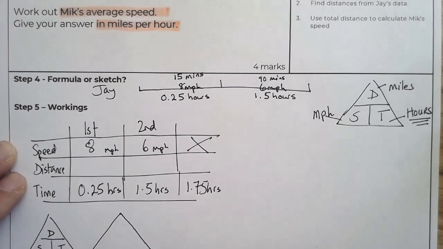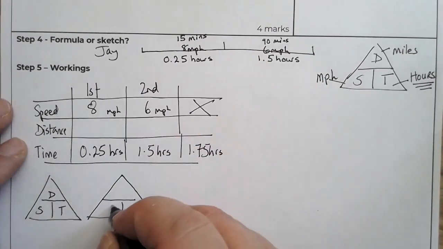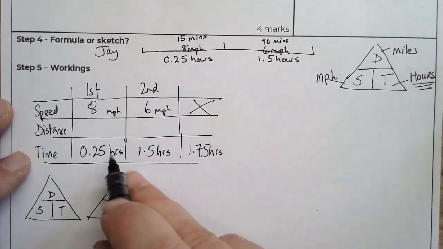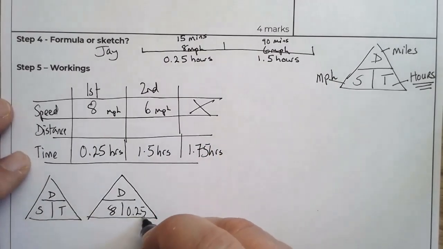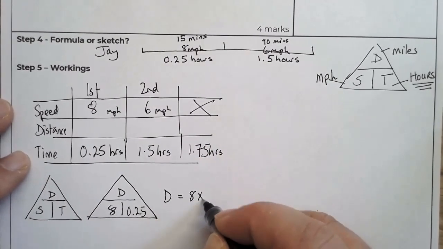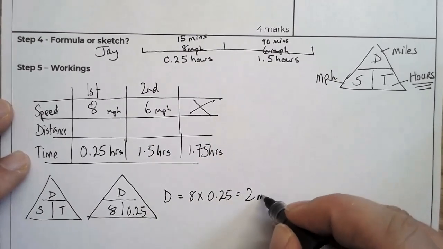Now I'm going to draw another triangle here so I can substitute in the details that I need. So speed here for my first, speed is 8. Distance is the thing that I need, and time is 0.25. Now this is a non-calculator question, so you do need to be able to take this and turn it into this.